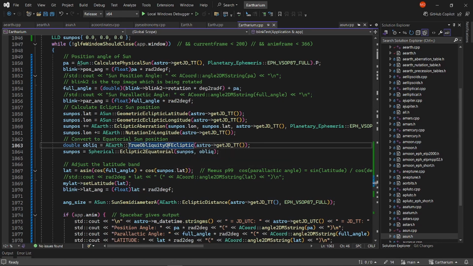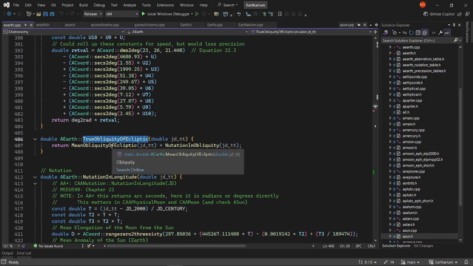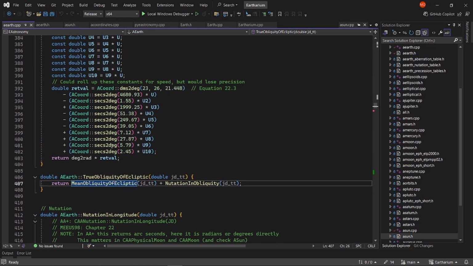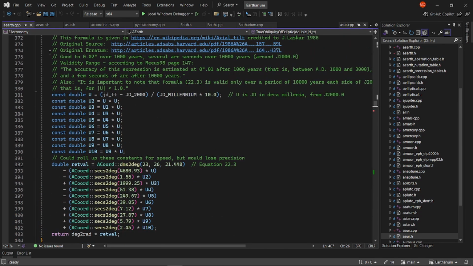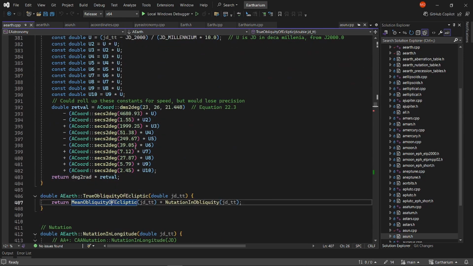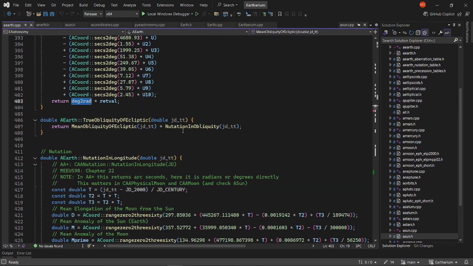And that's the angle that we're calculating here. Take the mean obliquity, which is calculated right up here. And that uses up to power of 10 of the time parameter. And then these small angles, these are arc seconds, so I convert them from seconds to degrees and do the multiplications, and then convert the result further to radians that I use everywhere.